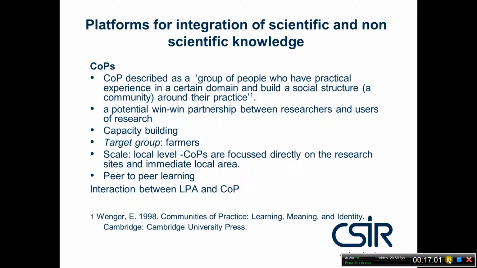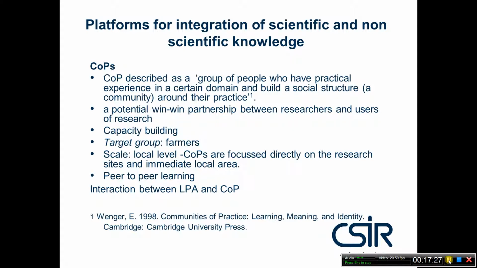A community of practice can also be useful for capacity building, both of the researchers involved and of farmers in the context of an agricultural project. In this context, the target group of the community of practice will be farmers. And the scale of a community of practice is more local level, unlike the LPA.